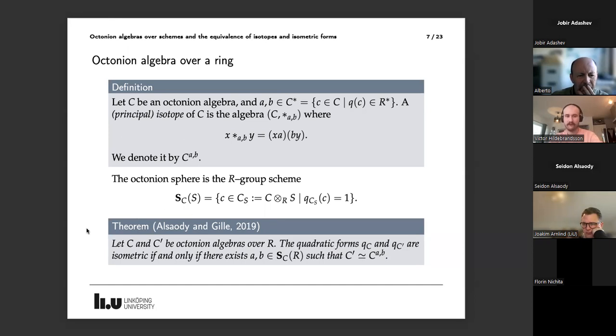And then the theorem of Seidon and Philippe is that two Octonion algebras have quadratic forms which are isometric if and only if there exist some a, b with norm 1 such that this C prime Octonion algebra is isomorphic to an isotope of the other one. So we can see it as a twist, as these Octonion algebras are twists of each other.